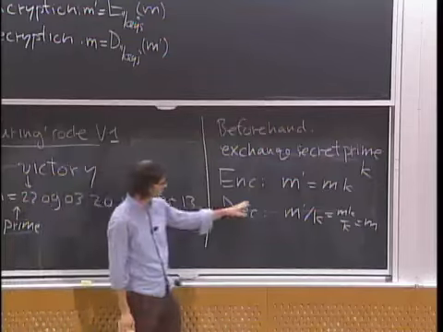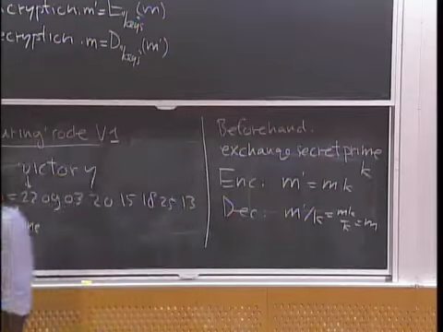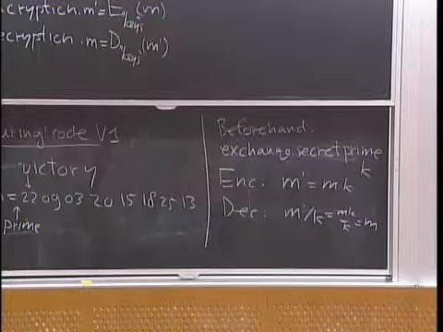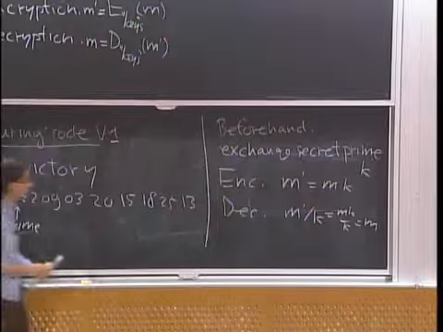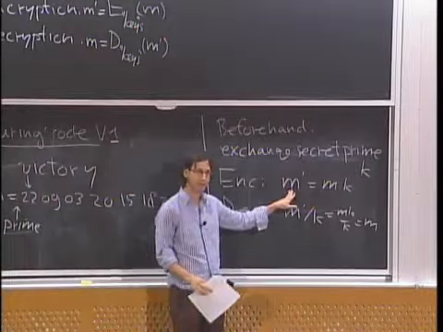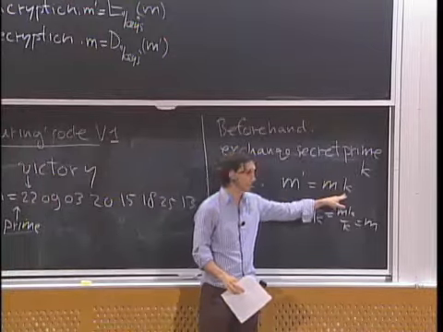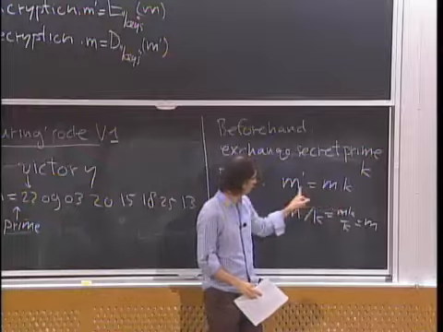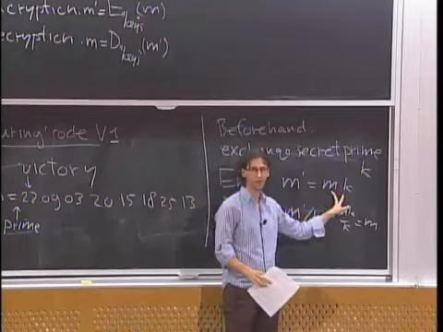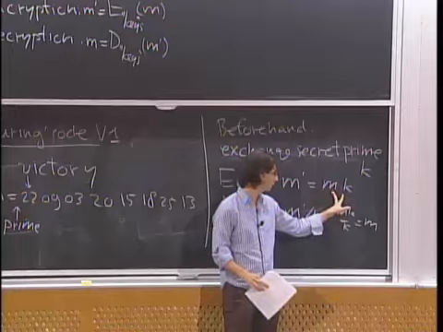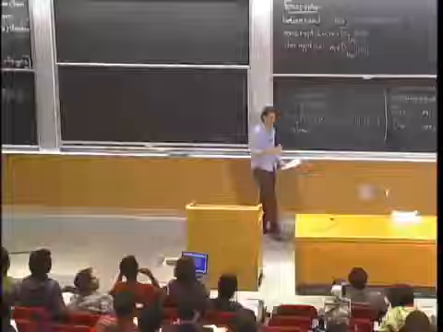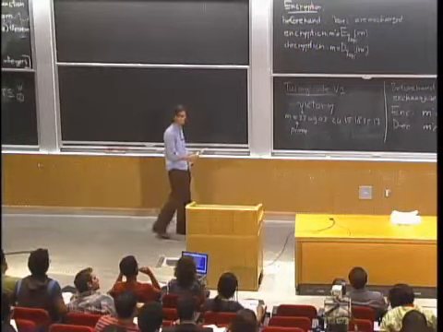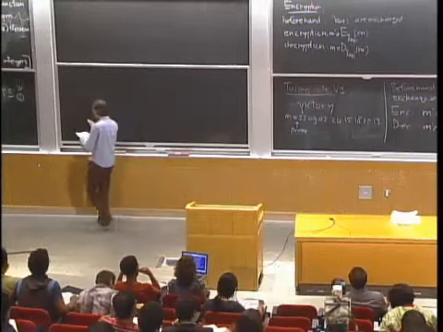Now, it turns out, and I will write it up here because we need it later, that it's not so trivial, given an m prime, to figure out what m is, or k. M prime is the product of two very large prime numbers, and that turns out to be a really hard problem. Up to now, nobody has been able to get a really efficient algorithm to solve that. So we may think this is secure.